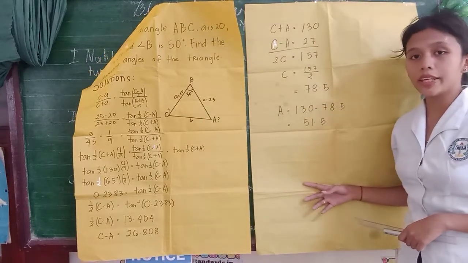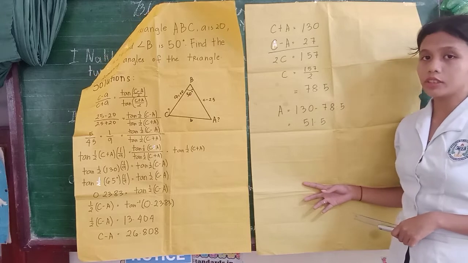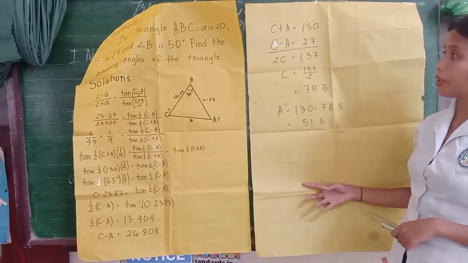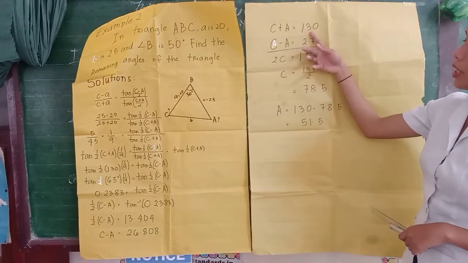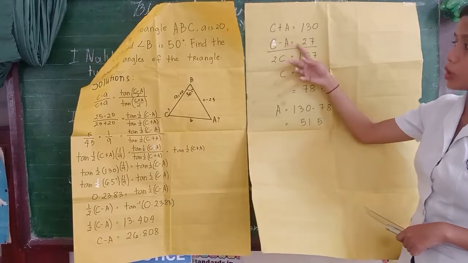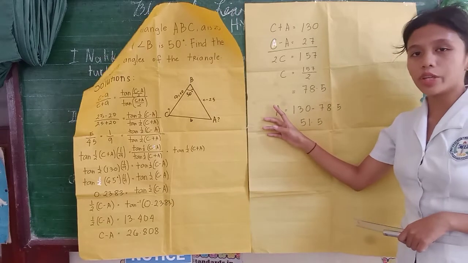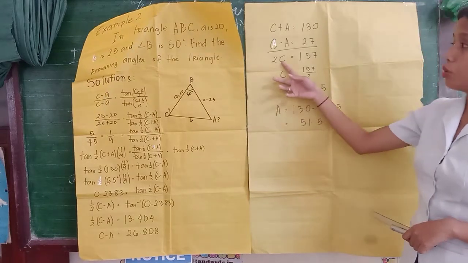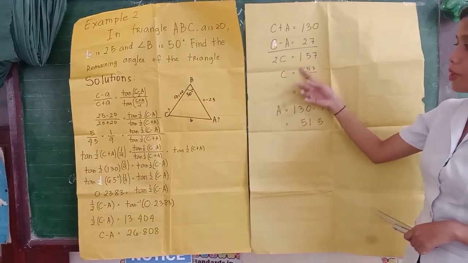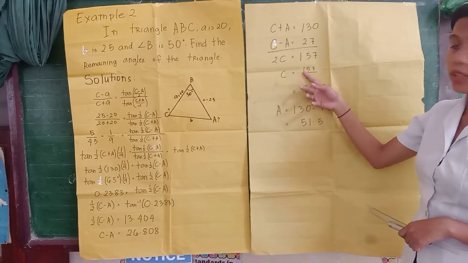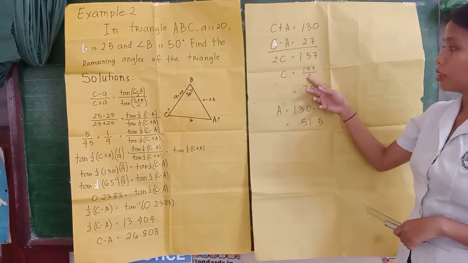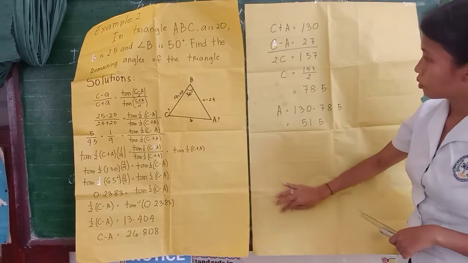Then determine C and A by solving the system of equations for C plus A and C minus A. C plus A equals 130, C minus A equals 27. Eliminate one of the variables by adding the two equations together. 2C equals 157, so C equals 157 over 2.